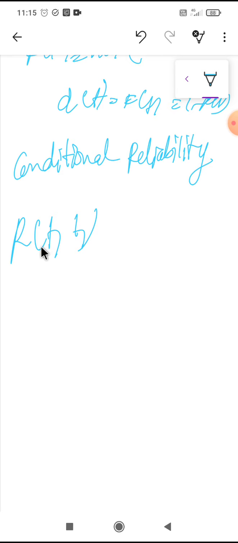The conditional reliability can be expressed as the ratio of reliability at time T plus T1 to the reliability at time T1, where T1 is the age of the system at the beginning of the new test or mission.